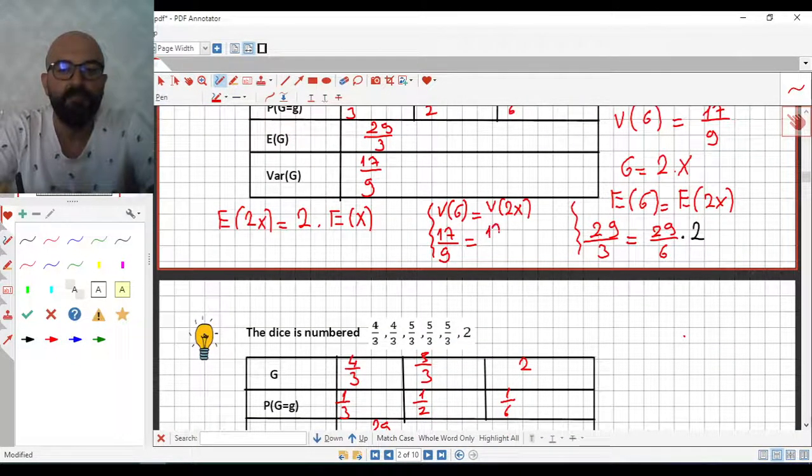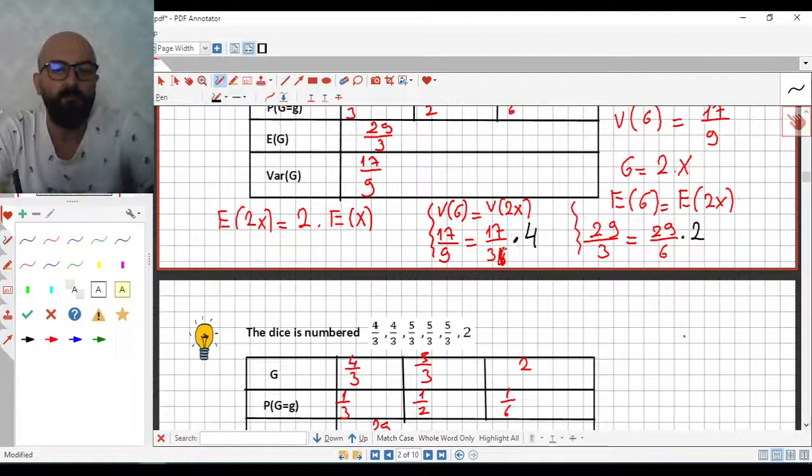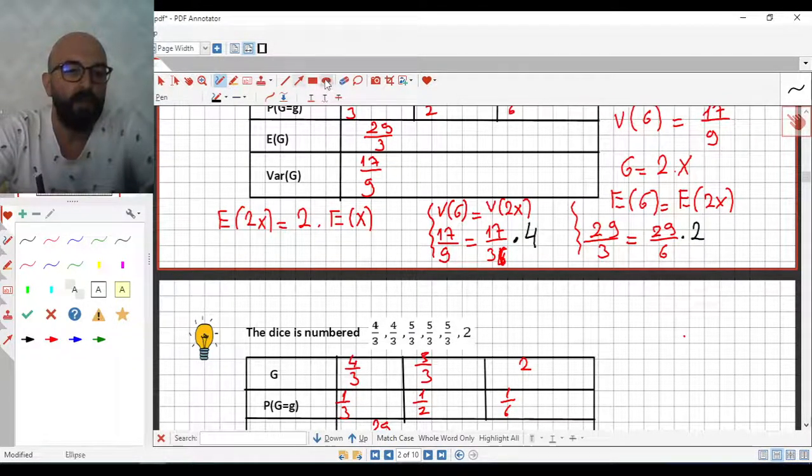So 17 over 36 multiplied by 4 means 17 over 9. So 4 means 2 squared.